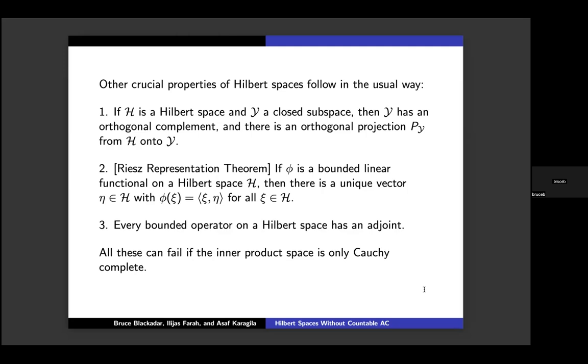Every bounded operator on a Hilbert space has an adjoint, or more generally, any bounded sesquilinear form on a Hilbert space is defined by an operator. But one important thing is that all of these things can fail if your inner product space is only Cauchy complete. There are examples there.